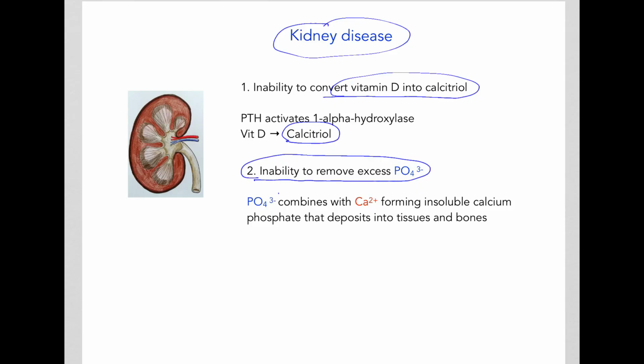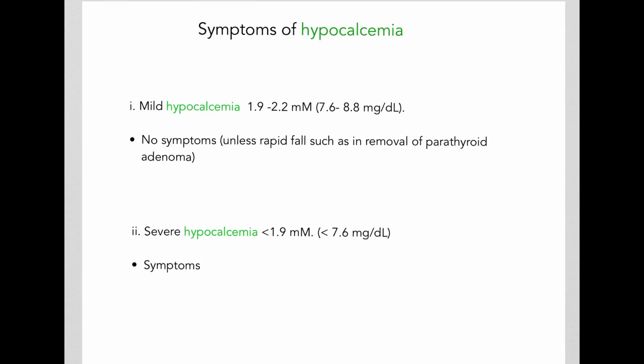So the serum phosphate levels increase, and remember in the earlier video, phosphate can combine with calcium to form insoluble calcium phosphate deposits, and these deposits end up in tissues and bones, thereby removing calcium from the serum, leading to hypocalcemia.